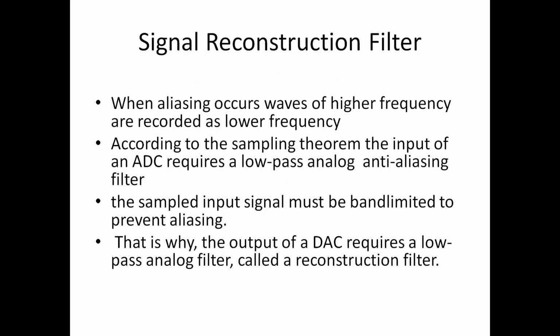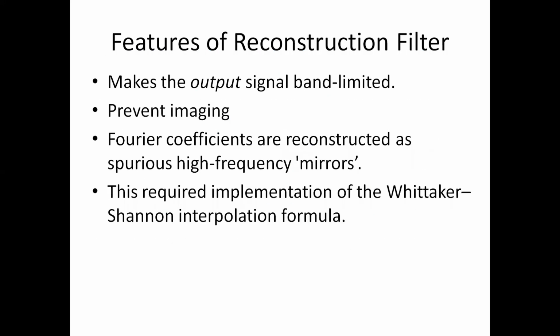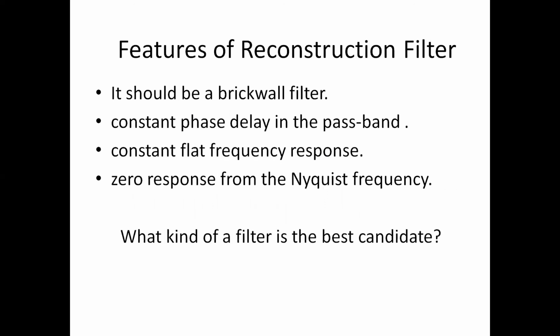And how should the transfer function of this reconstruction filter look? This reconstruction filter should make the output signal band limited. It should prevent imaging, and Fourier coefficients are reconstructed as high frequency mirrors. This requires implementation of a particular interpolation formula. And in order to implement all these recommendations, we came up with some salient features of the reconstruction filter: it should be a brick wall filter.